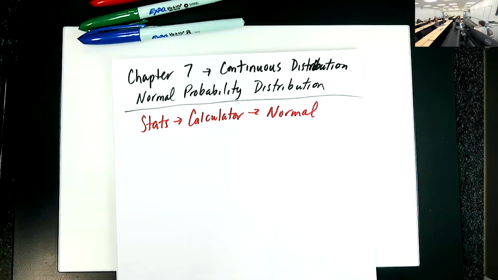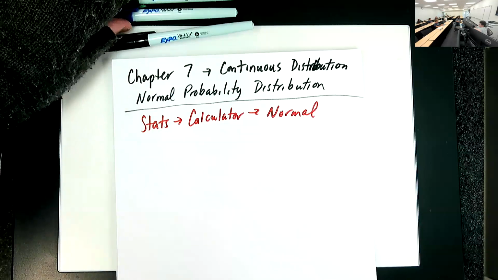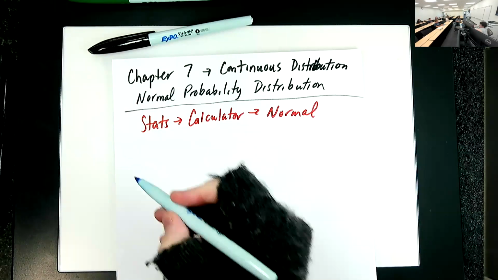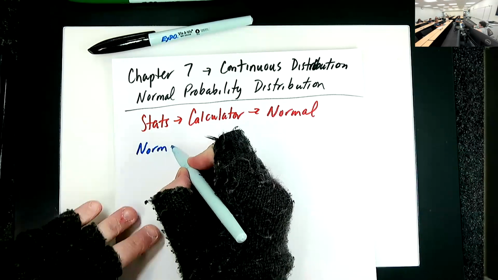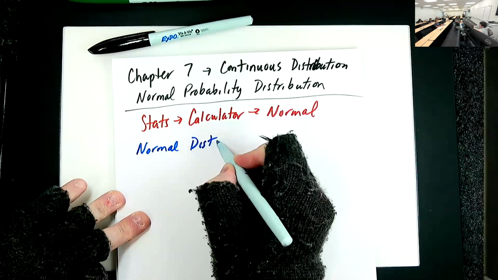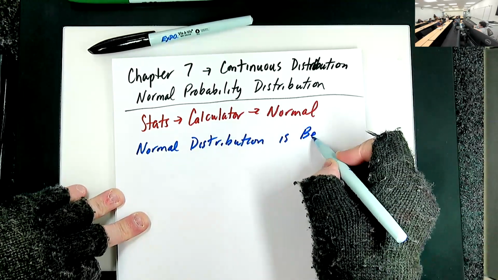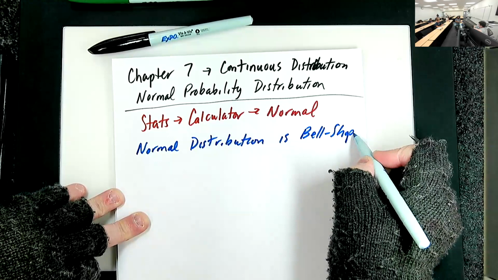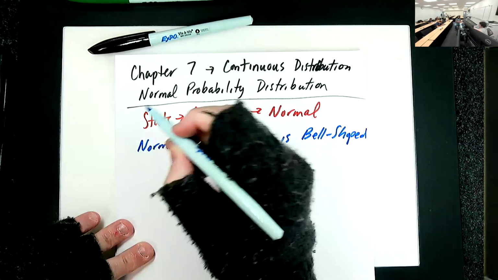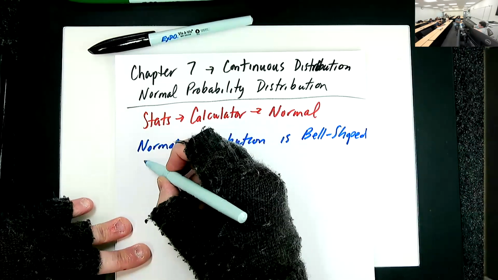Okay, so the normal distribution is bell-shaped, which means it's symmetrical.